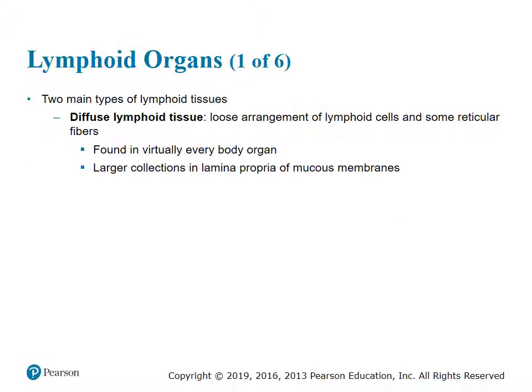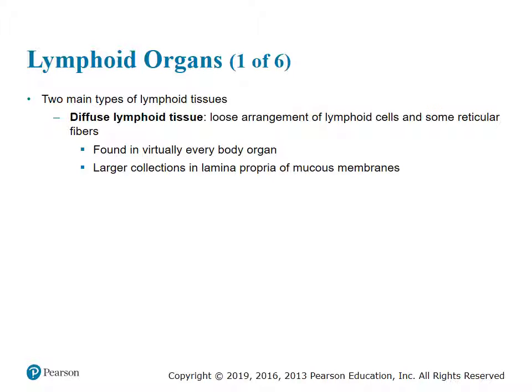So you've got lymphoid tissue. Okay, you find this in every body organ where you have this diffuse lymphoid tissue. Where there's lymphoid cells and reticular fibers in a vessel. This is what you see there.